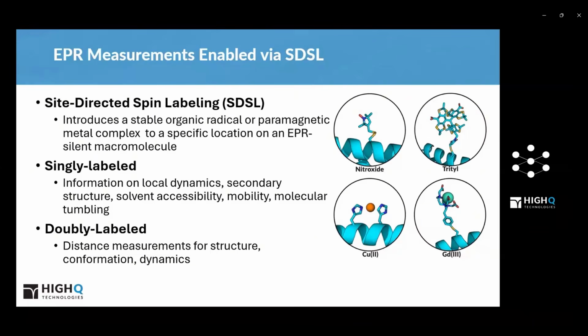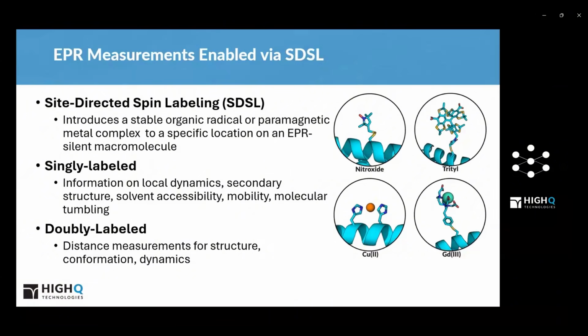Now, most of these examples that I'm going to talk about are in the context of proteins, but it's also important to note that this is very easily applied to nucleic acids as well. There's a lot of work done on labeling of DNA and RNA, so if you're particularly interested in those systems, there are spin labeling strategies for you too.